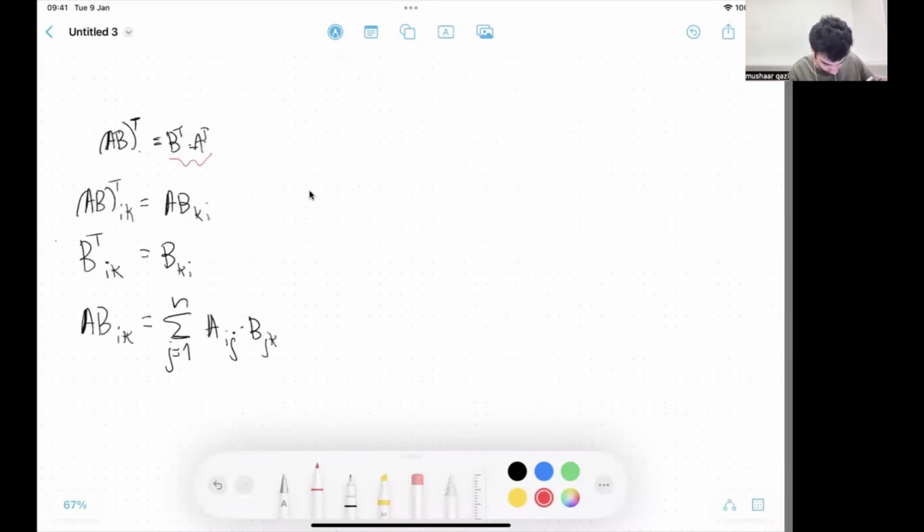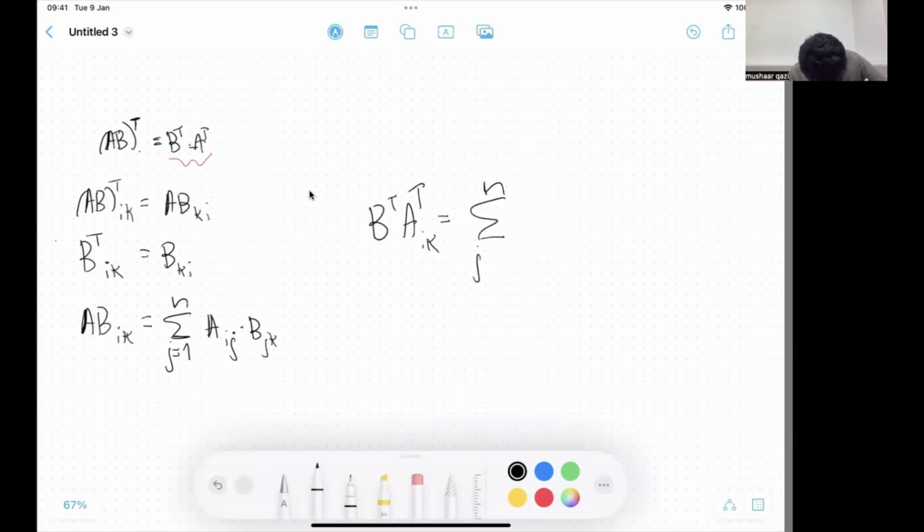So by the matrix multiplication definition, the ik element of B^T A^T is equal to, let's use j equals 1 again, the sum of (B^T)ij times (A^T)jk. This is just writing out the definition of matrix multiplication, which you can see over here.